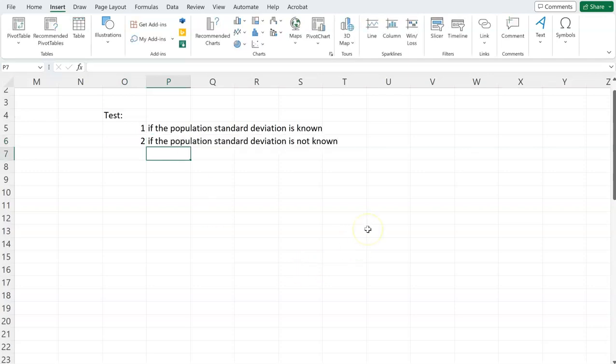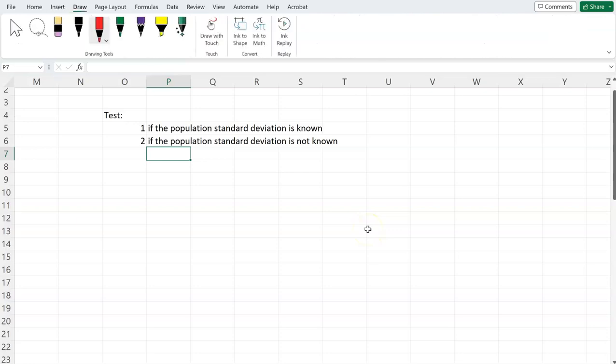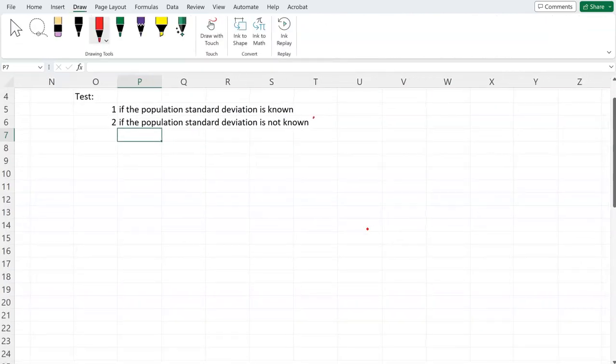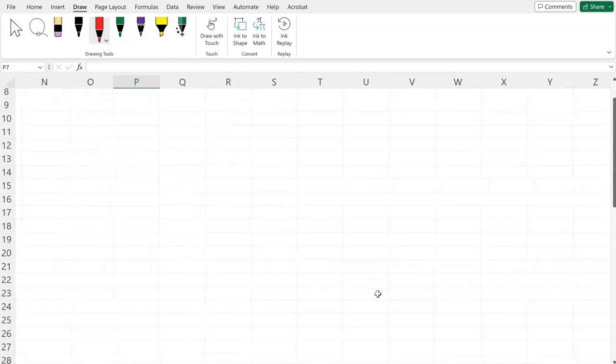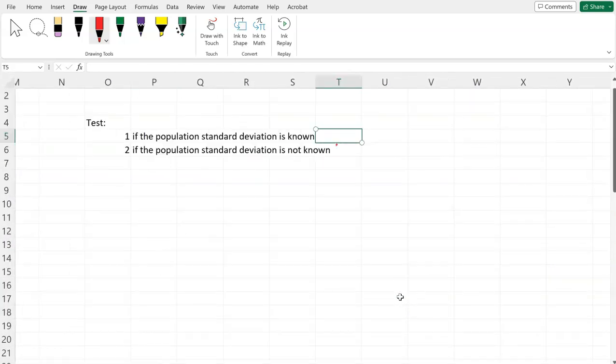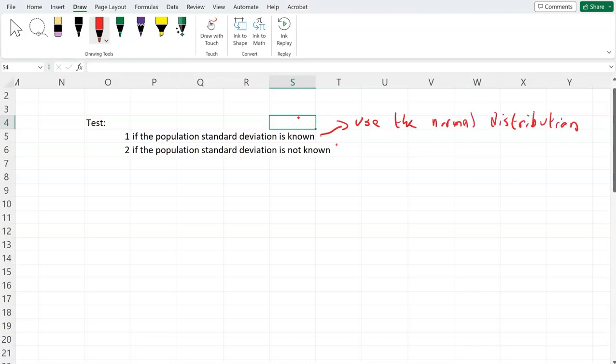If the population standard deviation is known, we would use the normal distribution. And if the population standard deviation is not known, then we would use the t-distribution.